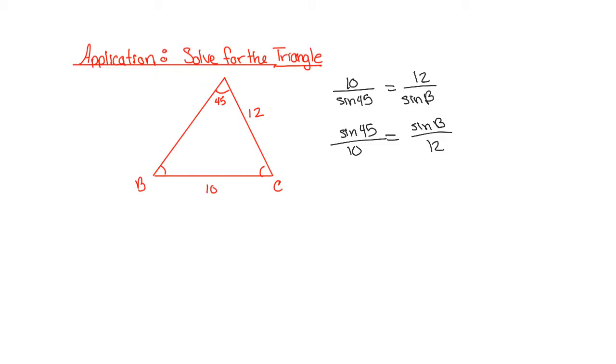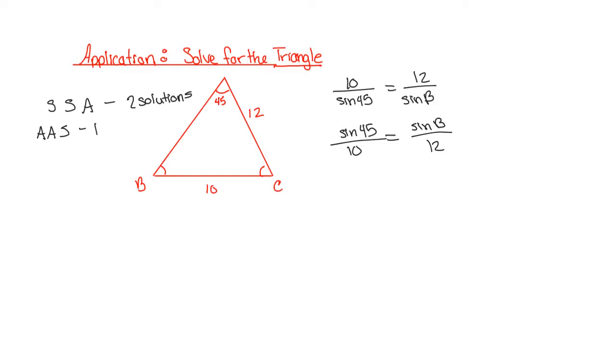Now, there's a couple of situations where we use the law of sines. In this situation, what we have is a side and then a consecutive side and then an angle. This one has two solutions to it. If we have an angle and then an angle and then a side, that's okay.